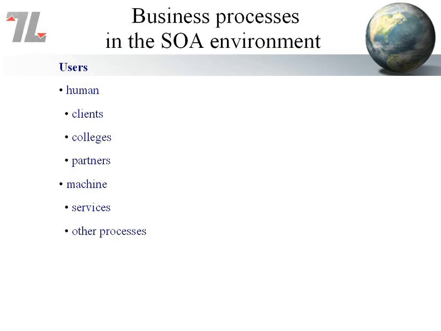How do users get in contact with processes, and who are the users at all? As we discussed earlier, the users of services are mostly the processes. It is not typical that the agent at her workstation directly calls a service.